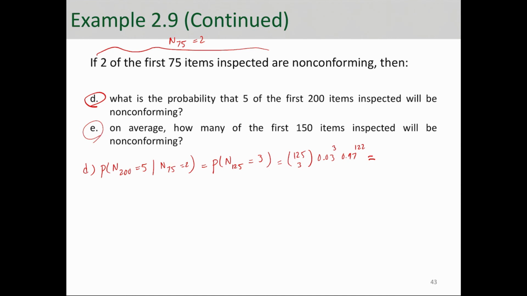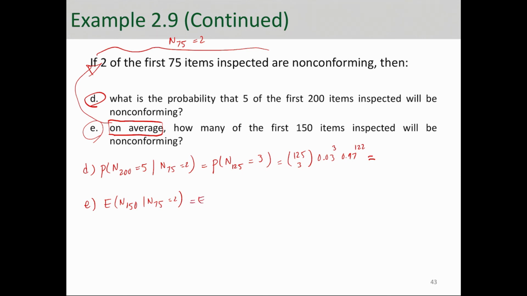Part E says on average, again, on average indicates that we're looking for expected value. How many of the first 150 items inspected will be non-conforming? Again, that is given this fact here. So we are calculating the expected value of N150 given that N75 is equal to 2. Well, if we already got 2 successes in 75, there are 75 more trials left.